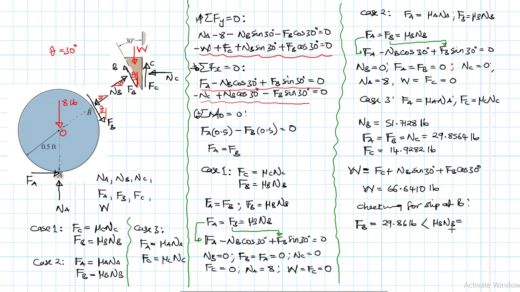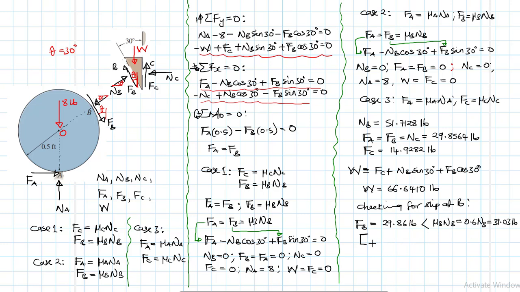So 0.6 times NB, NB is 51.7128. If we did the multiplication, 0.6 times 51.7128, we have 31.02768, 31.03 pounds.